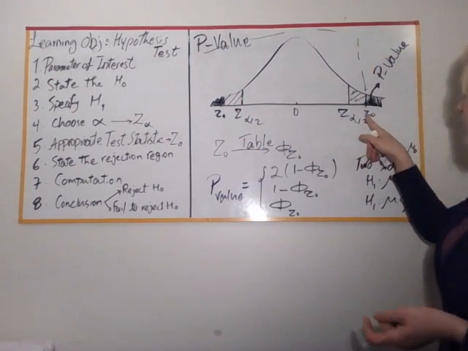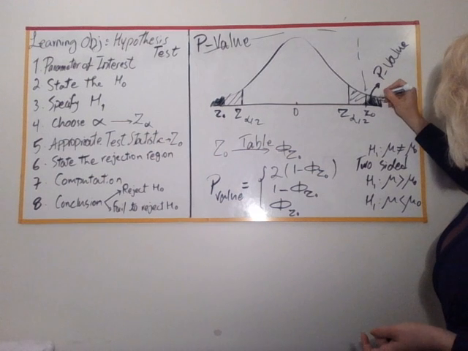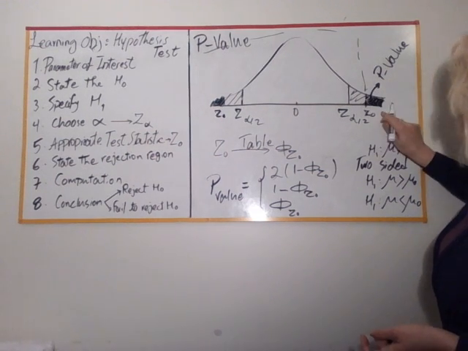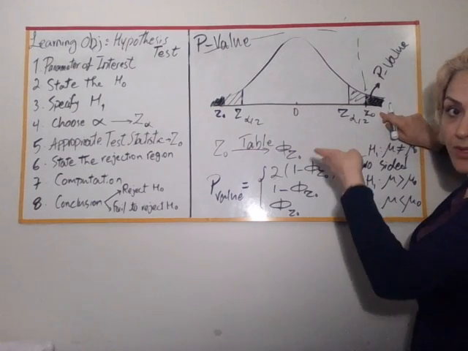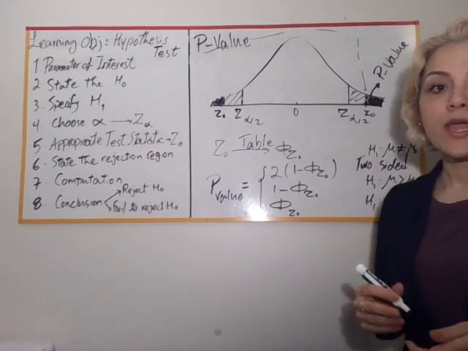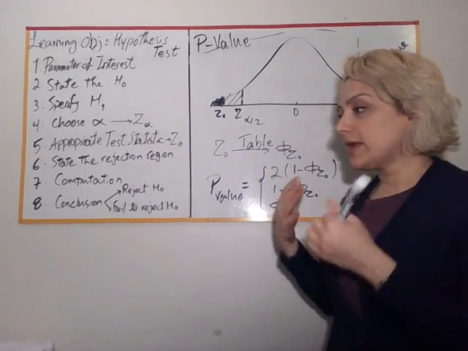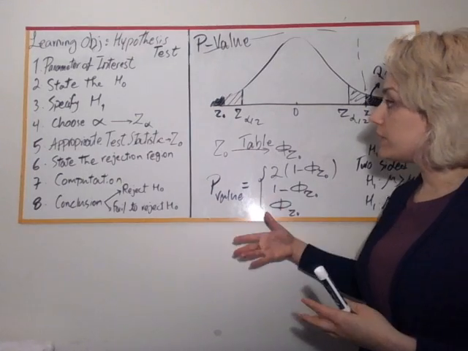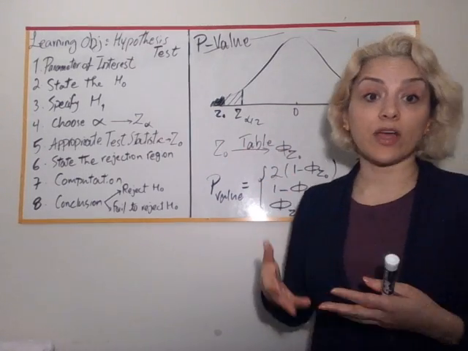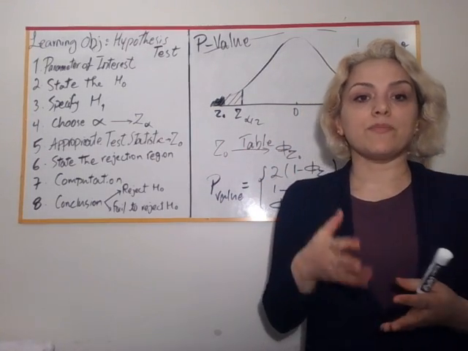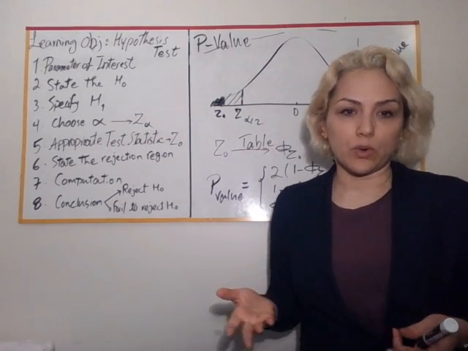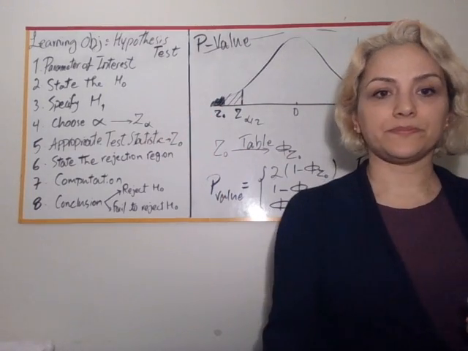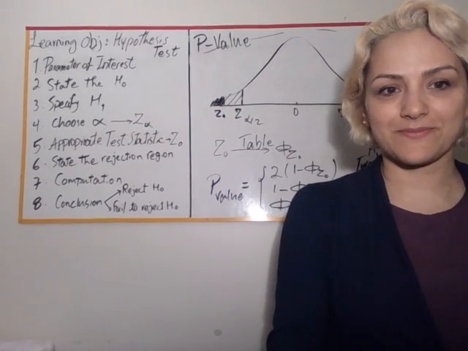Because we're looking for this other area, I would need to say 1 minus whatever I read from the table. So this is about the p-value. Then we compare the p-value with alpha, or half of the alpha, and make our conclusion. So that's another approach for the hypothesis test that we learned.